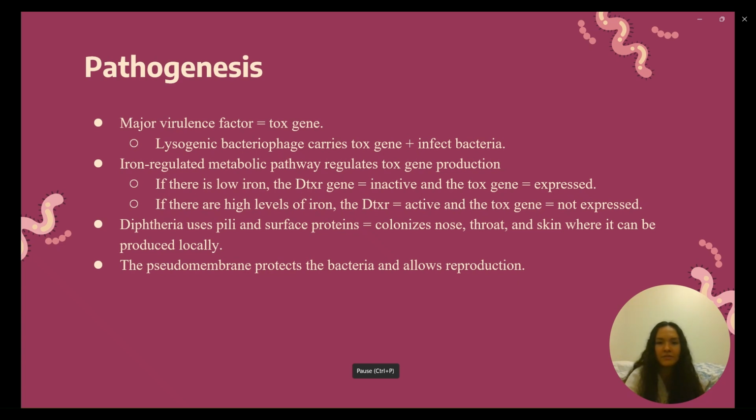If there are high levels of iron, the DTXR will become active, and the tox gene will not be expressed. Diphtheria uses pili and surface proteins to colonize the nose, throat, and skin, where the toxin can be produced locally. The pseudomembrane is formed to protect the bacteria and allow it to reproduce.